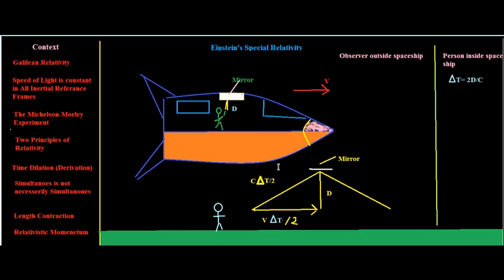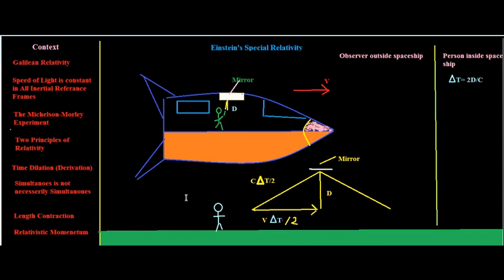Now, just from intuition, we could see that for the observer outside the spaceship, the light travels a much longer distance to hit the top of the mirror and then reflect back, than in the scenario where the light just hits the mirror vertically and bounces back vertically.